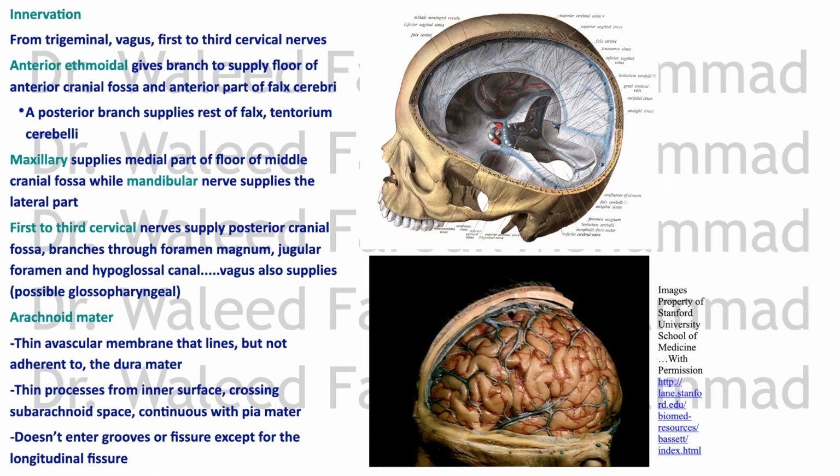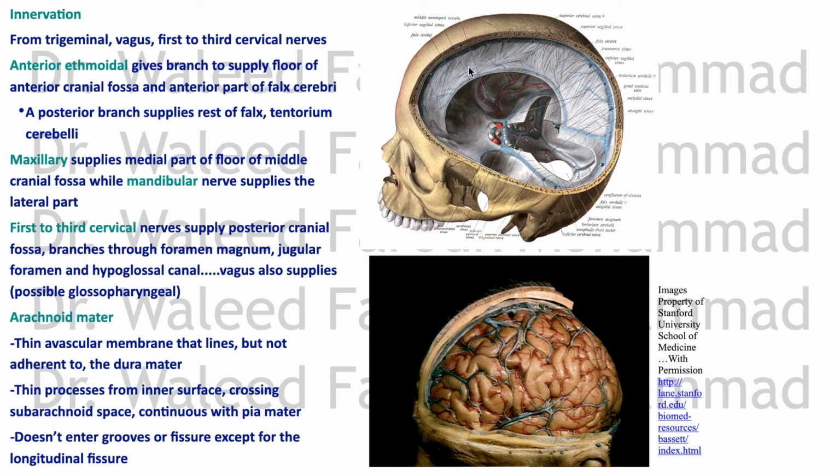Okay, the innervation, it has a different story. Also the anterior ethmoidal nerve, but observe that the anterior ethmoidal nerve has an anterior branch that supplies the lower part of the falx cerebri, the floor of the anterior cranial fossa, and sends a posterior branch that supplies the rest of the falx cerebri backwards, see, and the tentorium cerebelli.